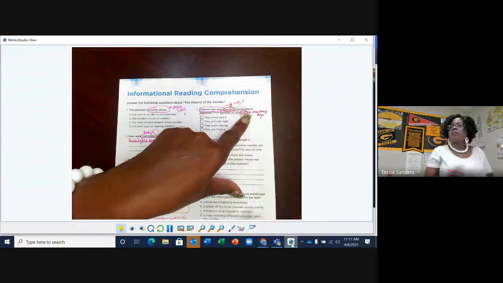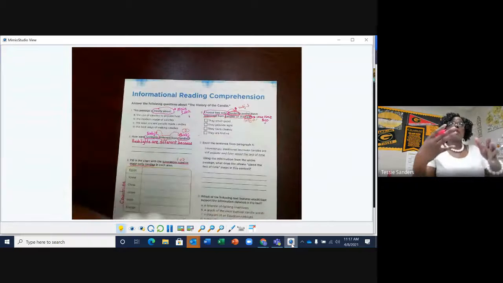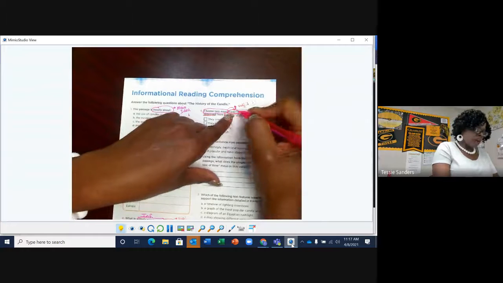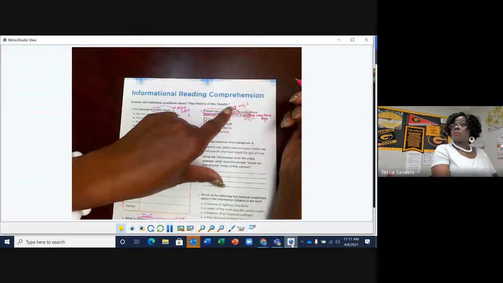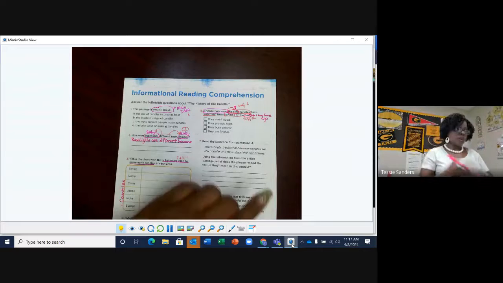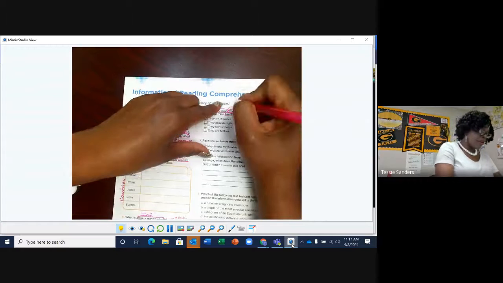That's what past means. It happened a long time ago. Remember, good readers make notes as they what? Read. So what could modern mean? Now we're comparing modern candles to candles from a long time ago. What is the opposite of long time ago? Today. Good. Modern means today.